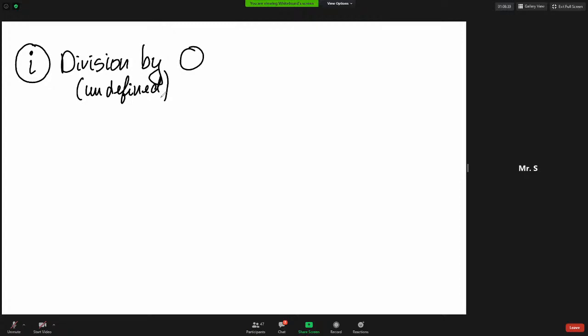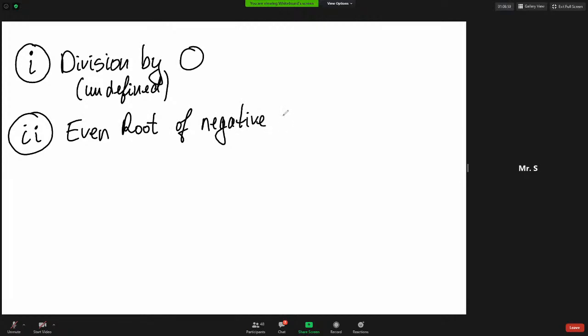So if you have some sort of division, we have to make sure that it's not division by 0. And the other red flag is even roots. Mostly it's going to be square roots, but to be more precise, we will say even roots of negative numbers. That is complex. So what we mean by undefined is specifically not real, right? It's not defined, so it cannot be real.